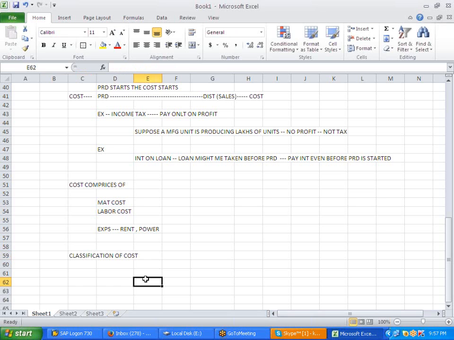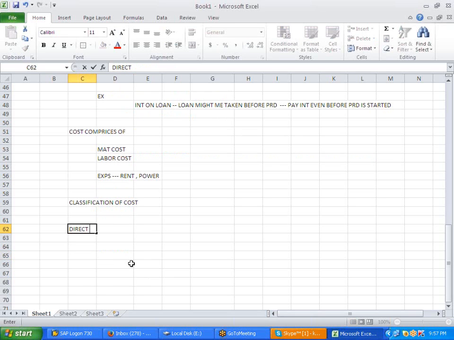You have a direct cost. What is direct cost? In direct cost, you have all those costs which are related to direct material, direct labor, which are easily recognizable.